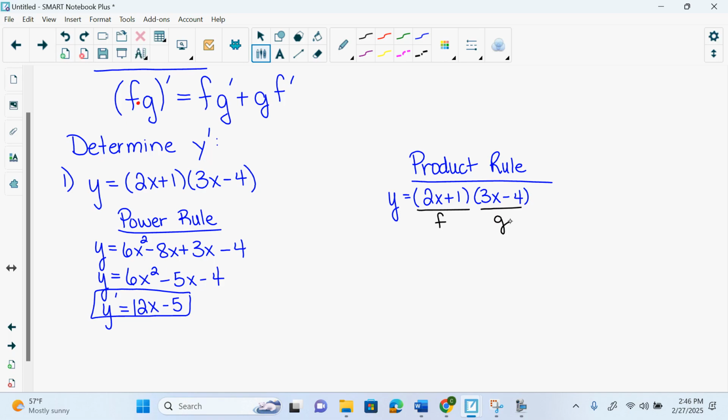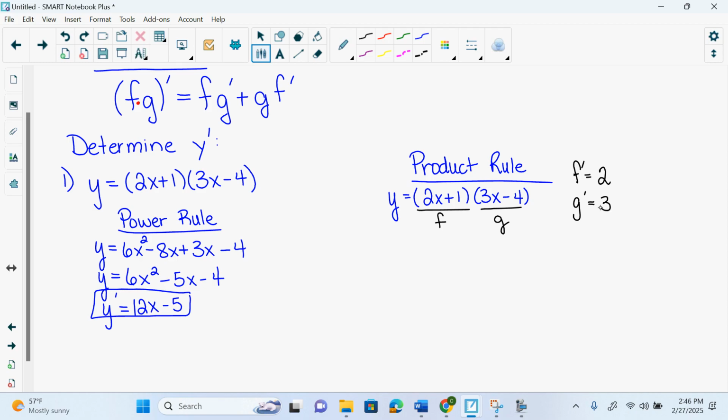Does this matter to this? 2 times 3 is the same as 3 times 2. So technically it doesn't matter. I just chose to put the first ones out. Now in order to use the formula, I need fg prime plus gf prime. I have f and g, so I still need the derivative of f and the derivative of g, correct? So over here I'm going to write that. F prime is what? What's the derivative of 2x plus 1? 2. G prime is what? What's the derivative of 3x minus 4? 3.